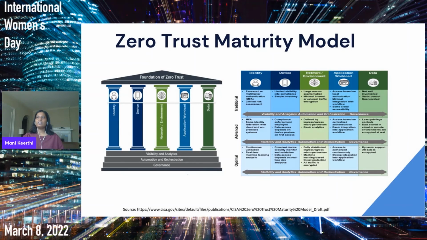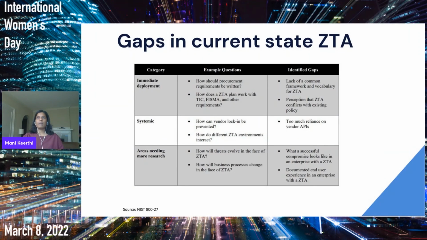So lastly, if we look at the gaps in the current state of zero trust architecture, zero trust has been the most talked about word in the last couple of years, and the current maturity of zero trust components and solutions was surveyed during the research conducted in NIST 800-207, published in August 2020.